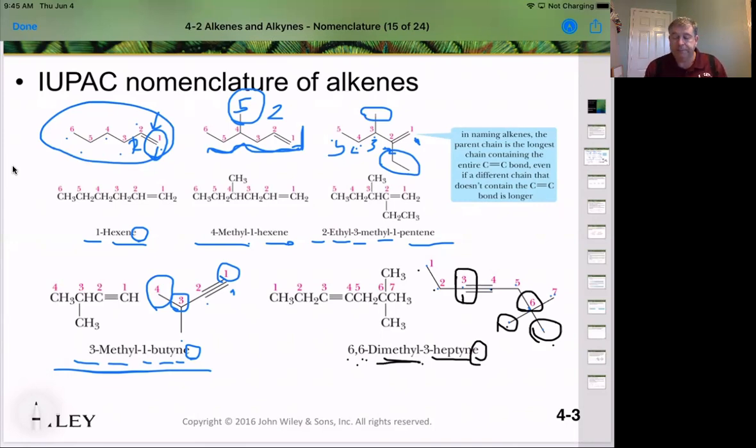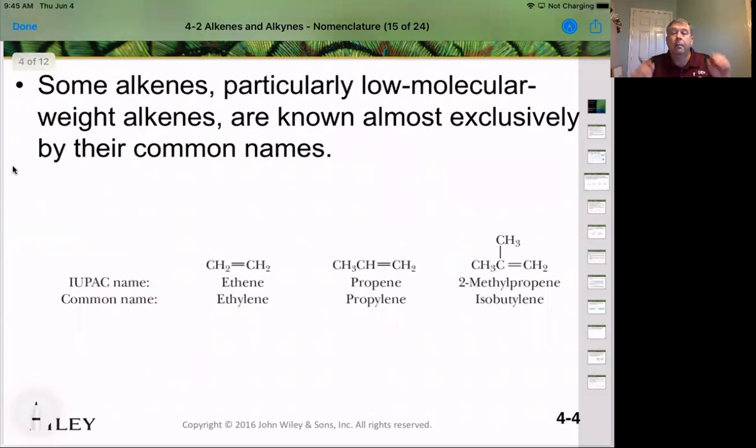Okay, so because these are very commonly used in industry, we actually have common names for a lot of these lower molecular weight materials. In the IUPAC name, when we have this small molecule with 2 carbons, that would be eth as our parent, and ene would be our double bond, and because it's only a hydrocarbon, we'd have the E at the end, so ethene would be the IUPAC name, but it's commonly known in industry as ethylene.